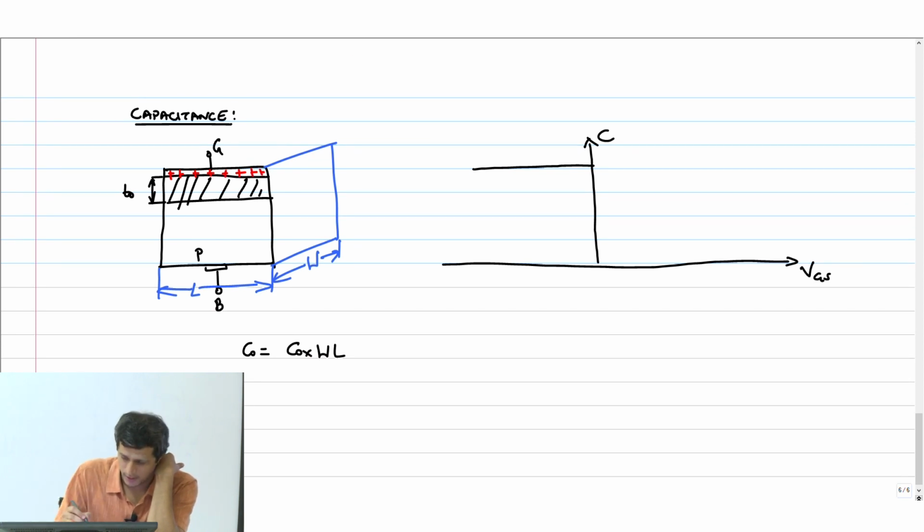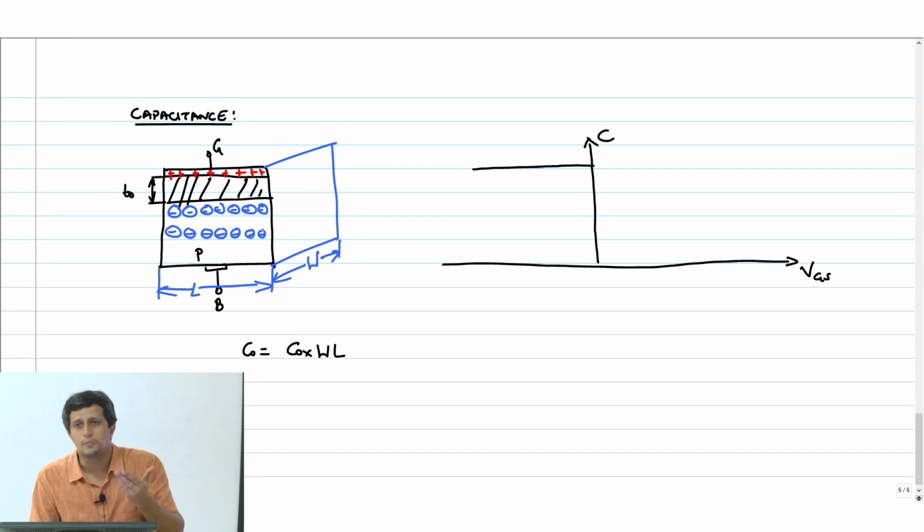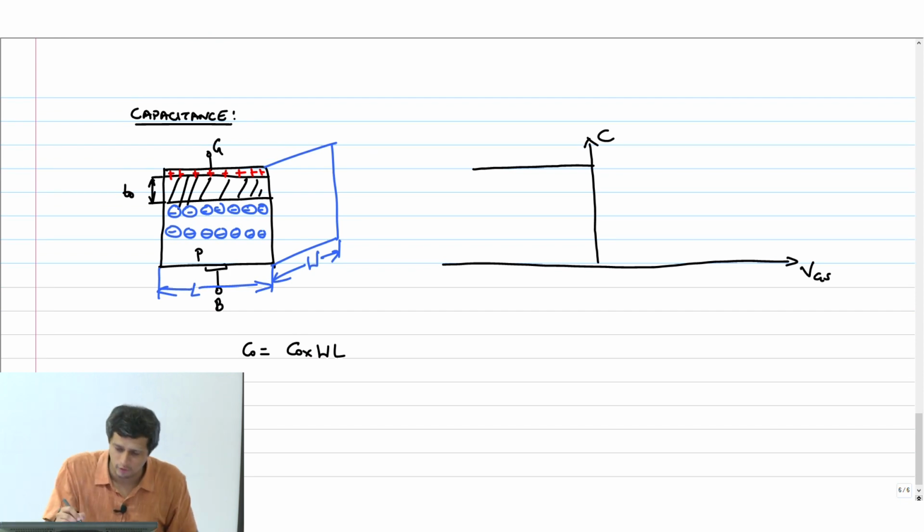This will start depleting my channel. These are immobile carriers again. In the depletion mode, obviously there is negligible surface charge, right? So, the electric field will actually start from the positive charge and terminate deep into the channel, like this.